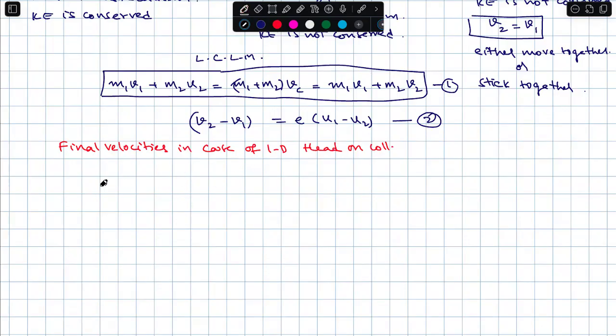Now what is happening here? Equation 1 plus m1 times equation 2. So what will happen?